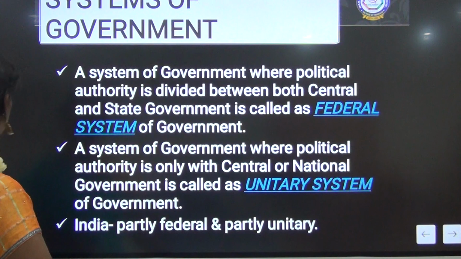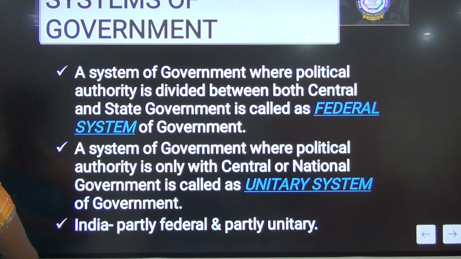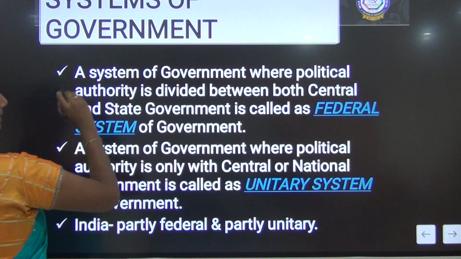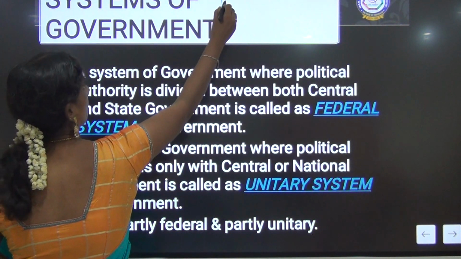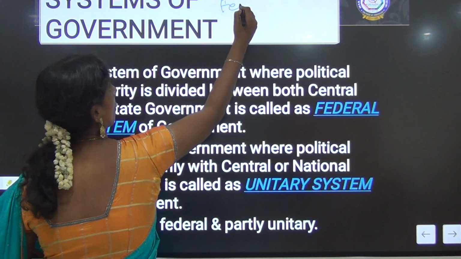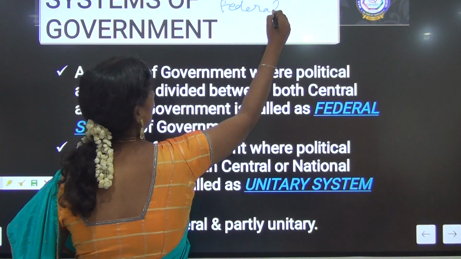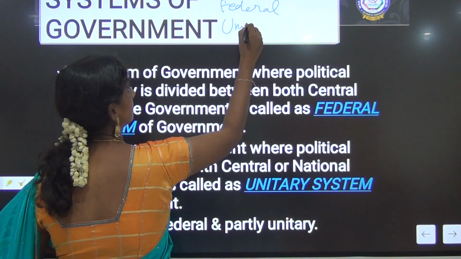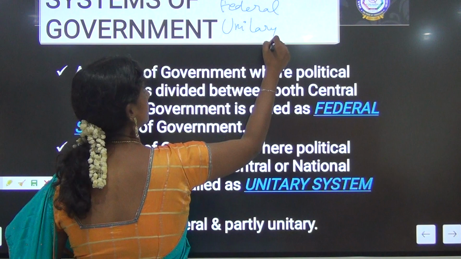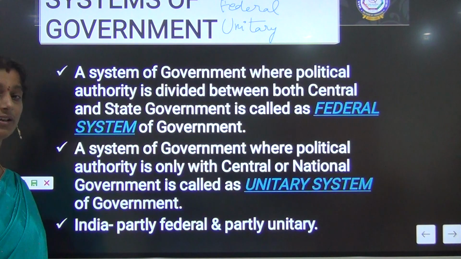Two systems of government, one is federal system and the other one is unitary system. Clear? So these are the two systems of government.